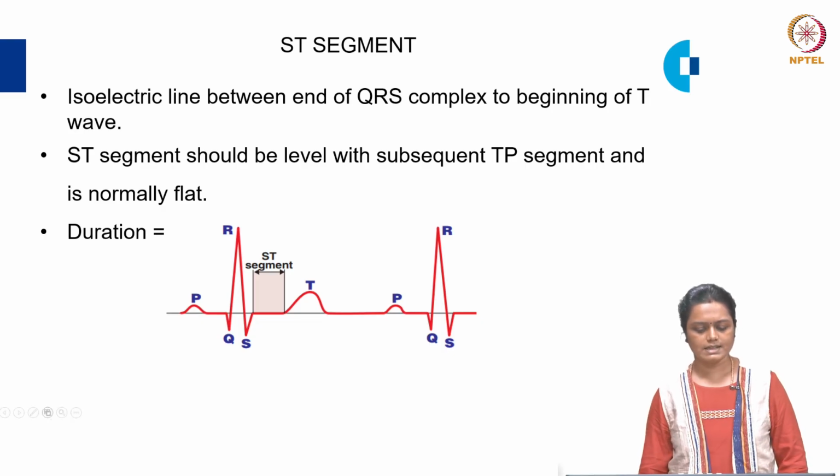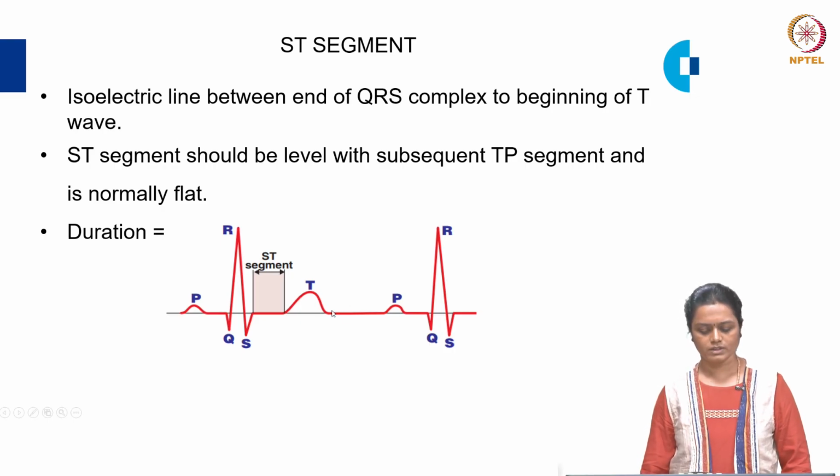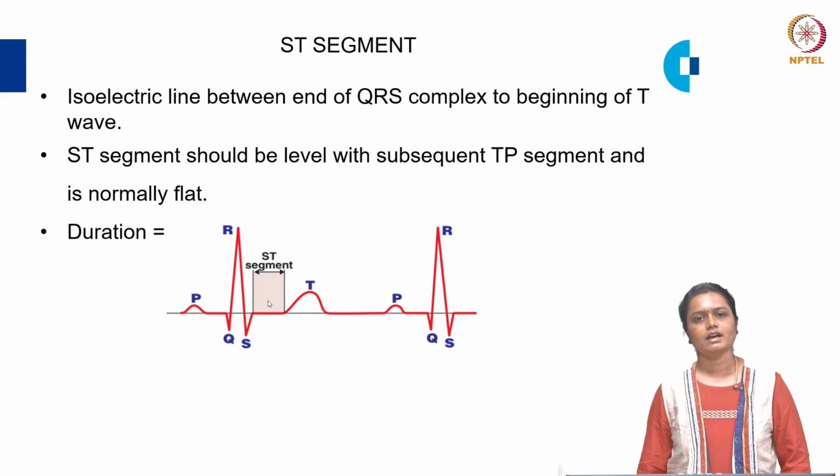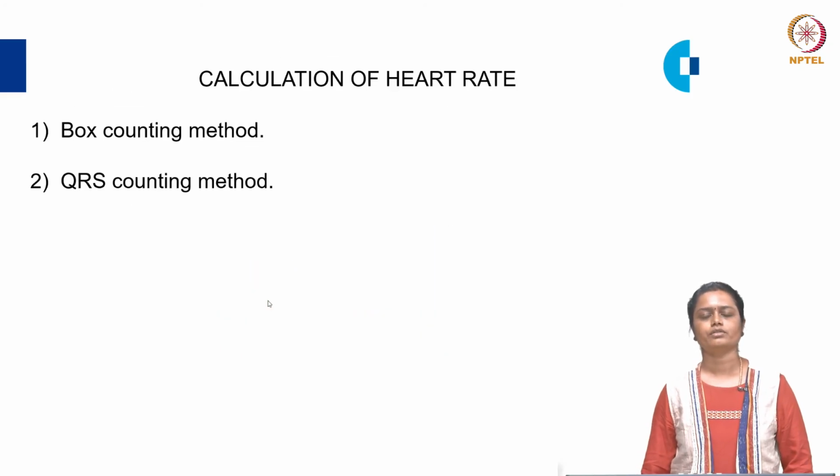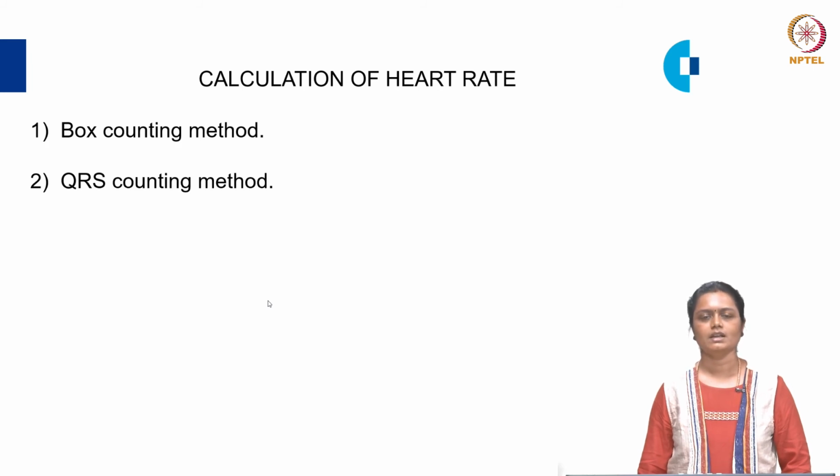It should be in level with the subsequent TP segment, which is measured from the end of the T wave to the beginning of the P wave. The important thing about the ST segment is that a normal deviation of less than 1 millimeter is acceptable. If the deviation is more than 1 millimeter, it is considered pathological.